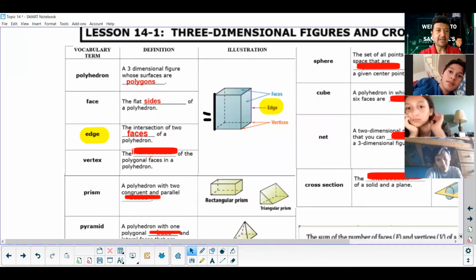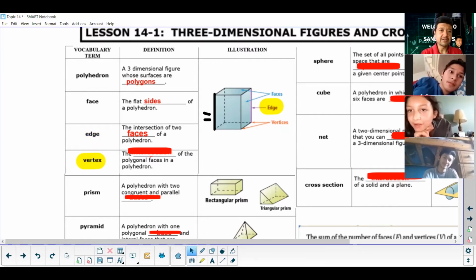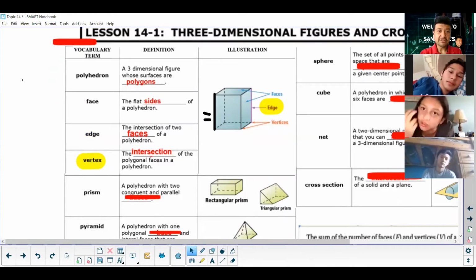Celeste, go ahead and read the next one. Read vertex. Vertex. The blank of the polygon faces in the polyhedron. Okay, so what do you think this is here? Intersection. So the intersection of the polygon faces in a polyhedron. So they intersect. Okay, so here's a vertex right here.